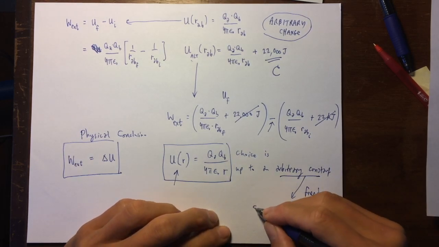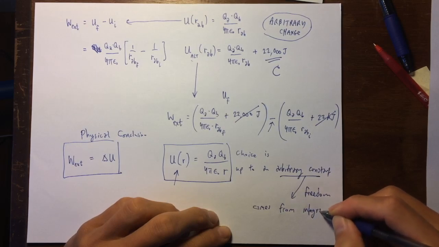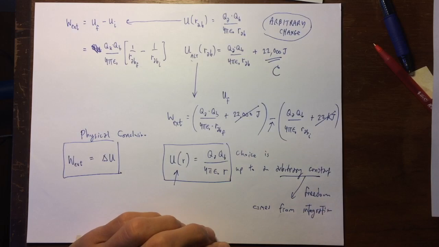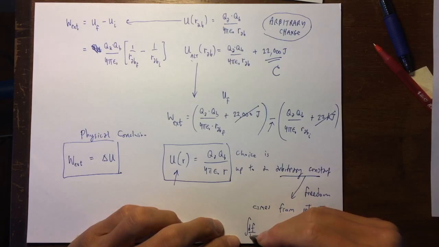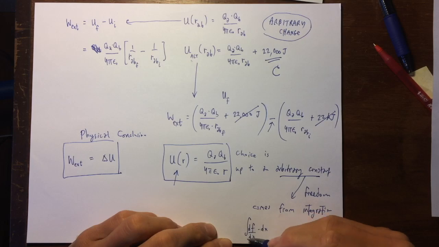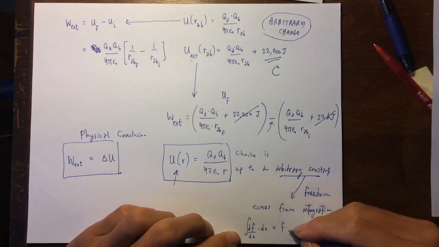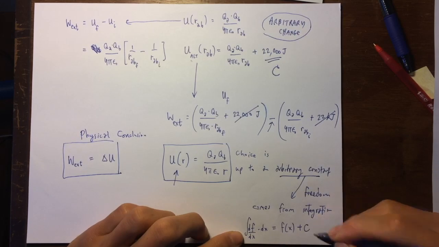This arbitrary constant freedom comes from integration. You know, when you do an integral, right? If you integrate df by dx through dx without bounds, then this is always, it's the fundamental theorem of calculus, it's f of x, the indefinite integration of df by dx, but plus an arbitrary constant.